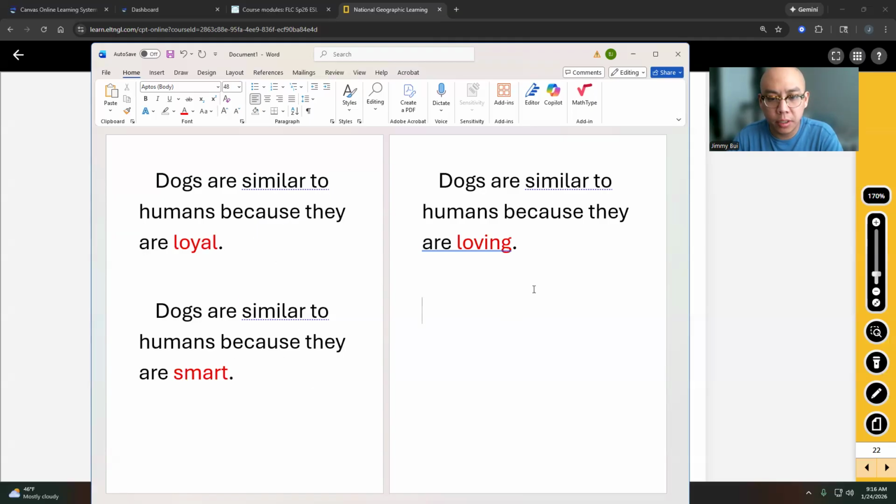When you're writing, of course, the first thing would be to create an outline and then have your ideas organized and then publish it that way. But I did it this way so that I could illustrate three introductory sentences with the same idea, and then now I'm going into details, right?